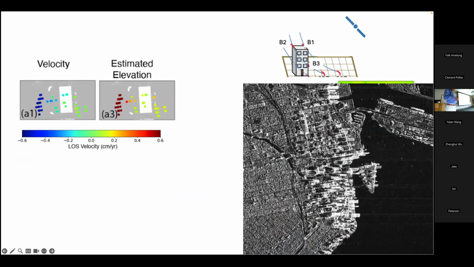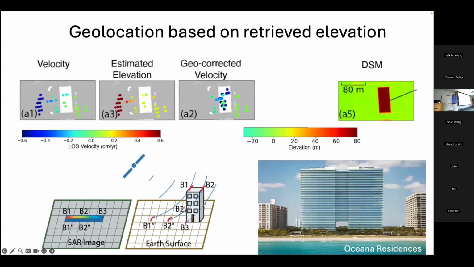So this foreshortening effect makes urban InSAR quite tricky. This is now a different satellite, TerraSAR-X, just to illustrate it. It's looking from this side, and the tops of the roofs of the buildings show up in the ocean, because that is from where the signal is returned first.